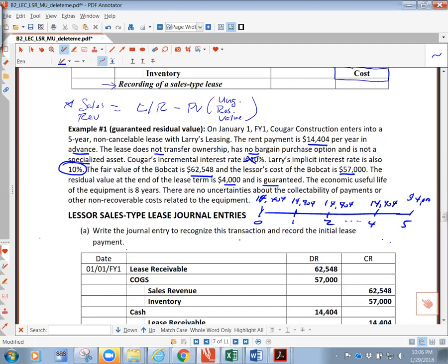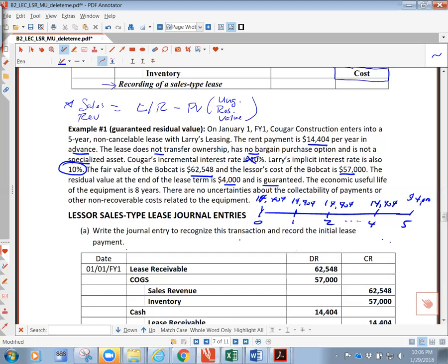GAAP tells you what to include in lease payments. It also tells you to include for the lessor, and it'll change a little bit when we get to the lessee, any unguaranteed residual value when the item's returned. In this case, there's no unguaranteed residual value. It's 100% guaranteed. So you would take the present value of the annuity due of 14,404 plus the present value of 4,000 discounted 5 periods.